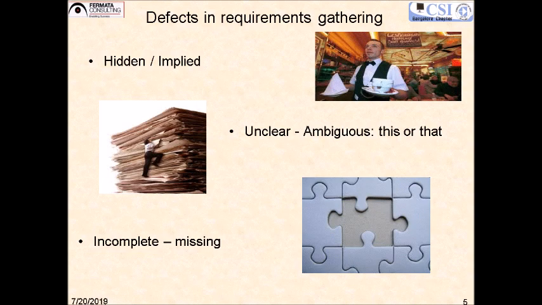The last defect in the requirements gathering process is incomplete or missing requirements. They start with a simple table which was referred to in a so and so page, but if I go to that page, the table is missing. In another page, a figure is asked for, but if I go to that page, the figure is not there.